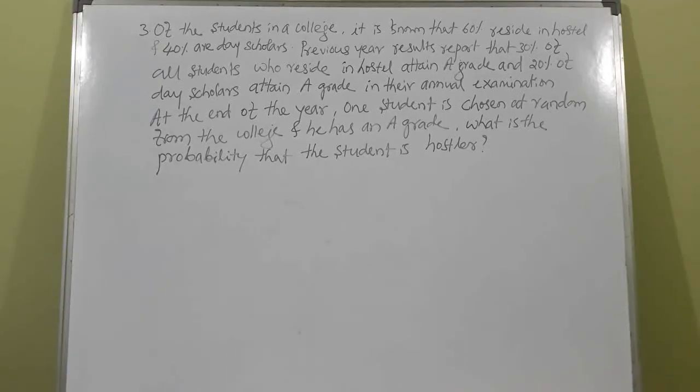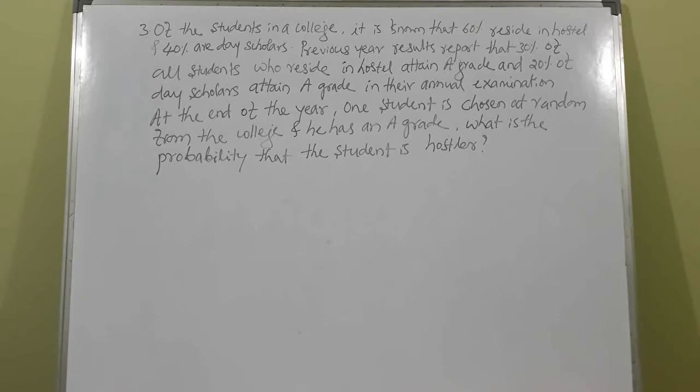See, third one, this is a little bit lengthy question. If you can't see, please refer to the textbook. Okay. Third question in 13.3. Of the students in a college, it is known that 60% reside in hostel and 40% are day scholars, non-resident hostelites.